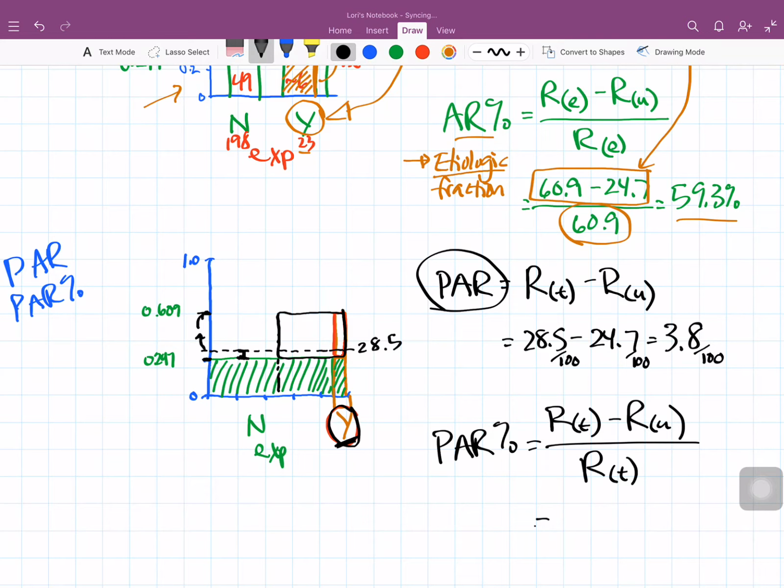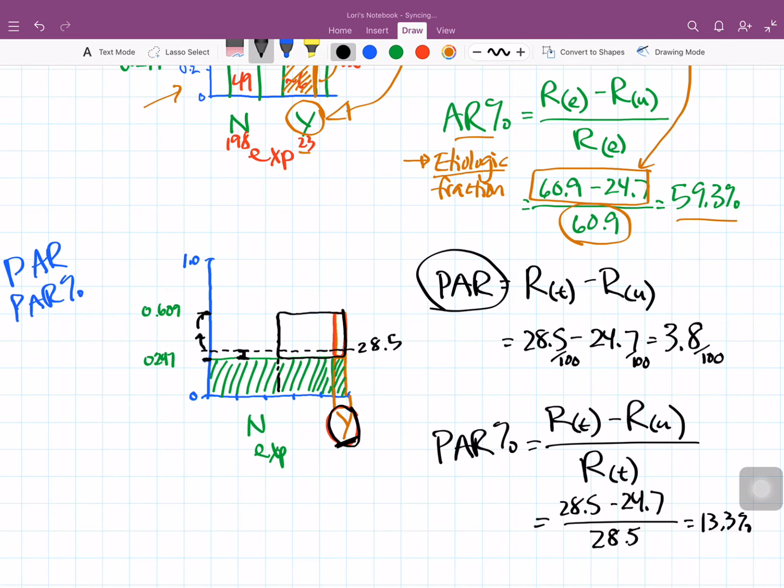In this particular case, we have 28.5 minus 24.7 divided by 28.5. In other words, what percent of this 28.5 is due to the exposure? What we end up with is 13.3%.